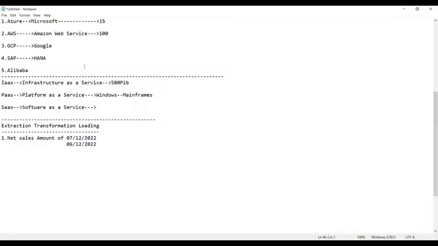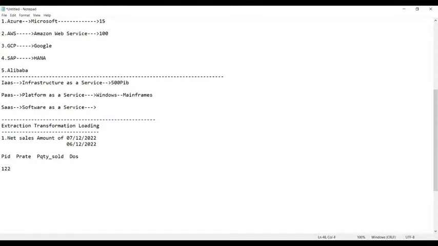You have the product ID, PID, then the product rate, then the product quantity sold, and then the date of sales, DOS.